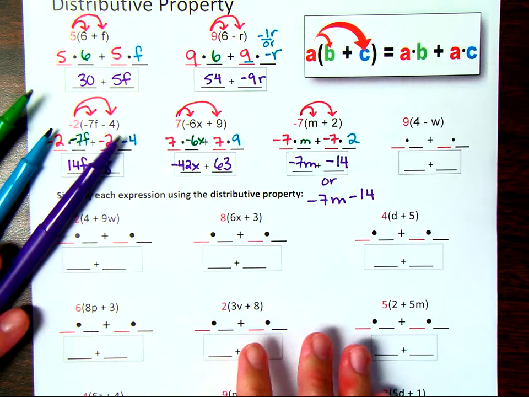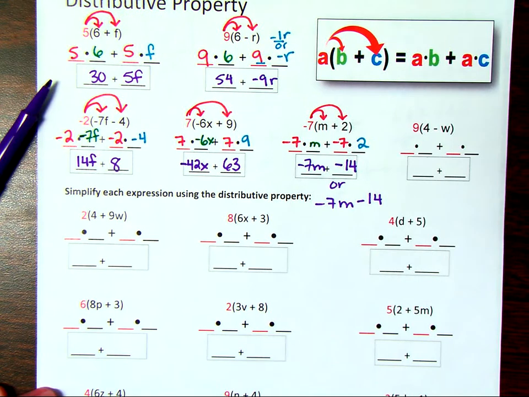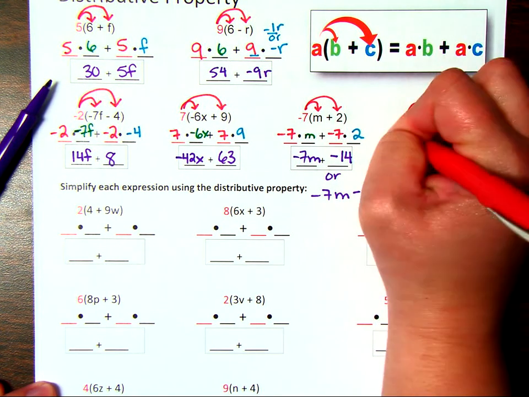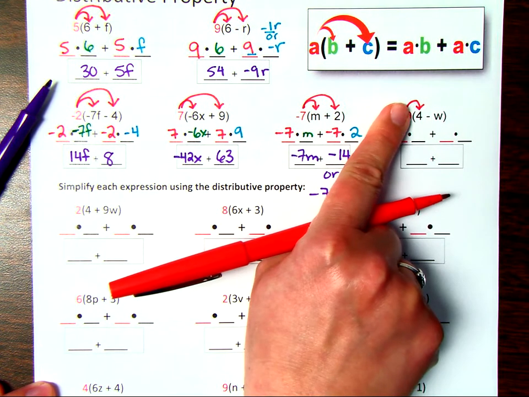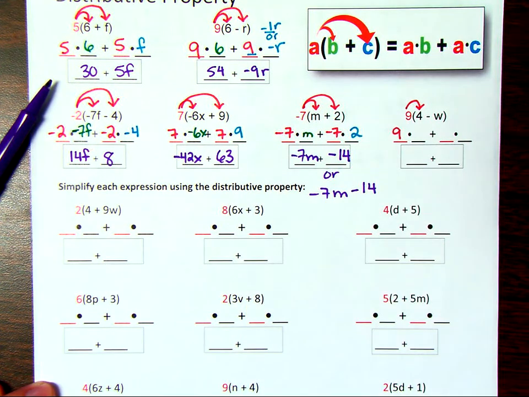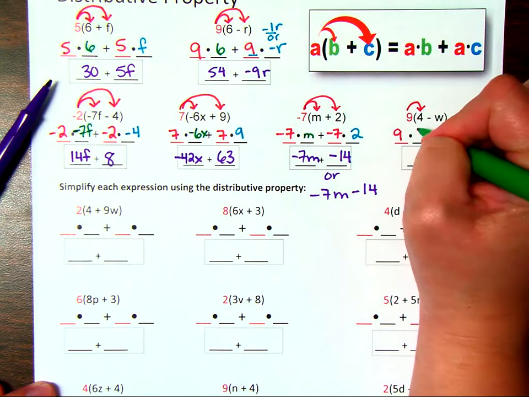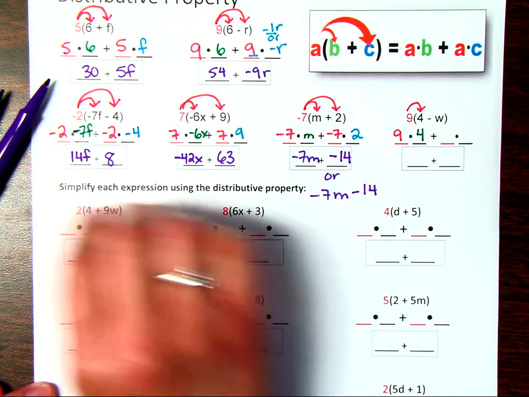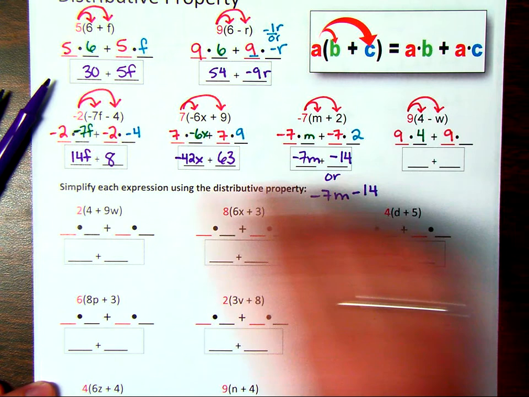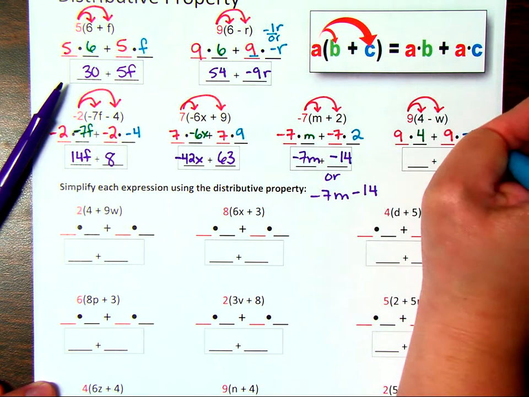Lots of things to review, so that's why I'm glad you're tuning in, making sure we understand this. Let's try one more. So 9 is my number distributed. So in my original group, I had 4 positives and a negative w. If I were to draw that 9 times, think about what you'd visually see. So 9 groups of 4 and 9 groups of negative w.